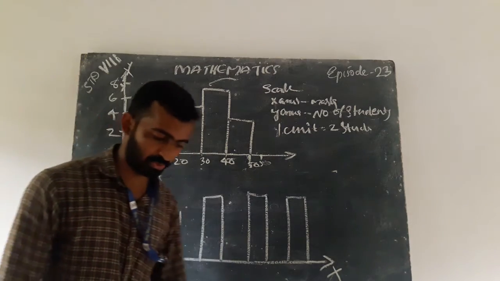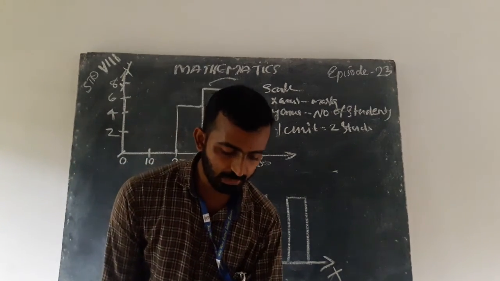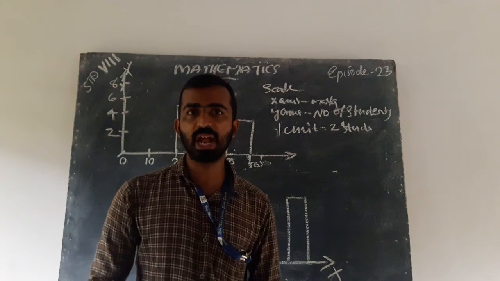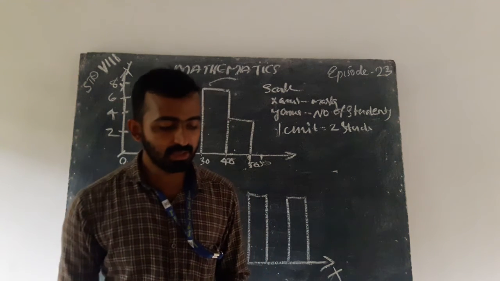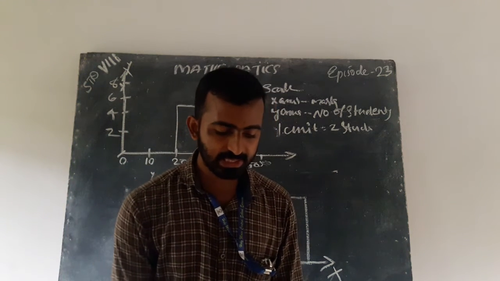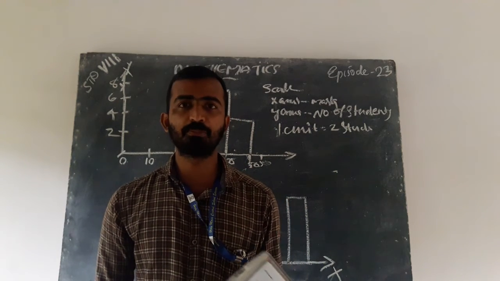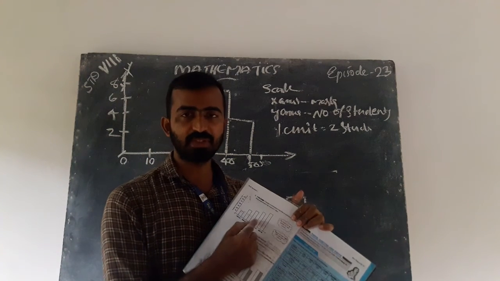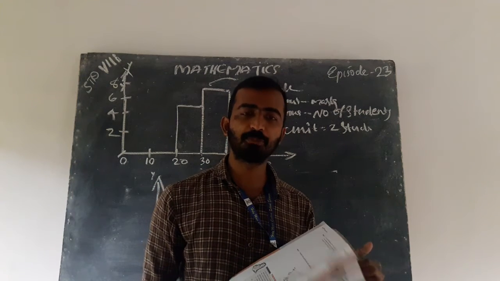This is a histogram. On your page number 71 there is a Try This, which is for your homework. First you buy a graph book. When you buy a graph book, the right side is a lined page and the left side is a graph.